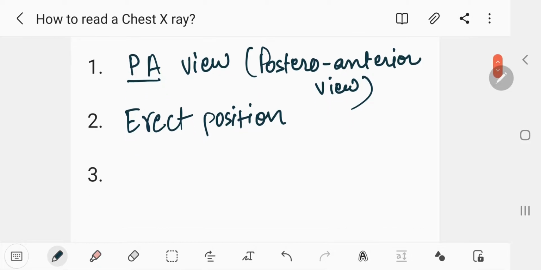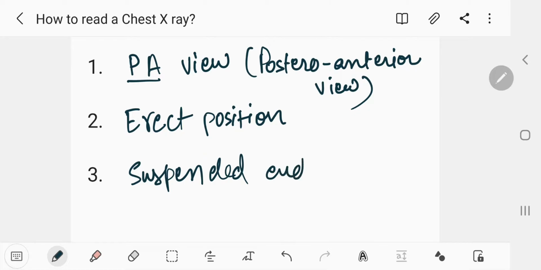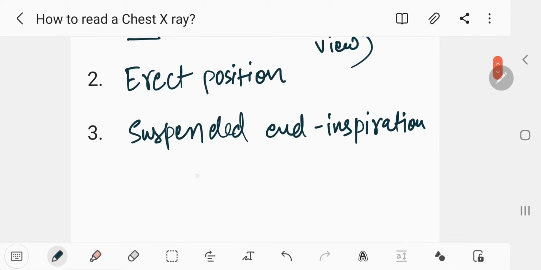And the third thing is that the chest x-ray PA view is always done in suspended inspiration. That means you have to ask this person to hold their breath after taking a breath in. So we have to take this x-ray in suspended inspiration.